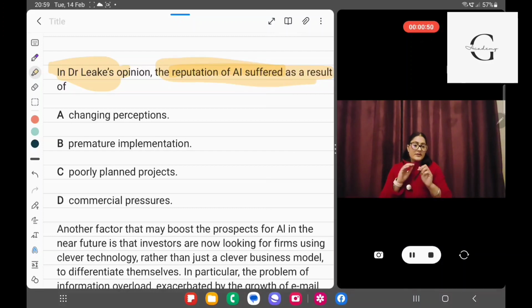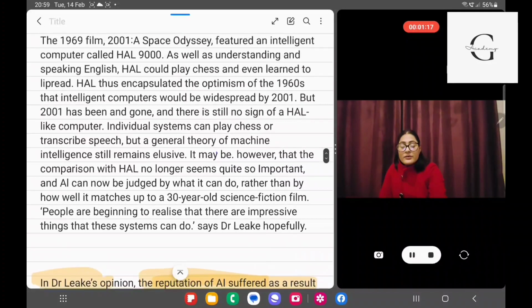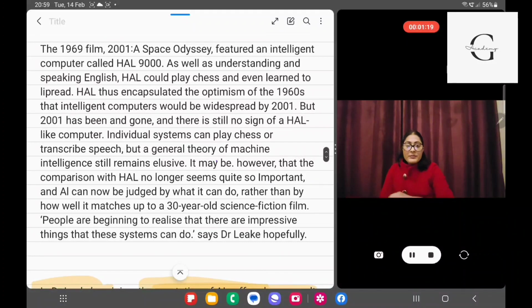So if I understand my question in depth, this is the doctor's opinion, Dr. Lake's opinion, and the reputation of AI suffered as a result of. It means the AI reputation was not as good. Suffering means something negative. As a result of what? Let's see the options. Let's have a look at the paragraph.